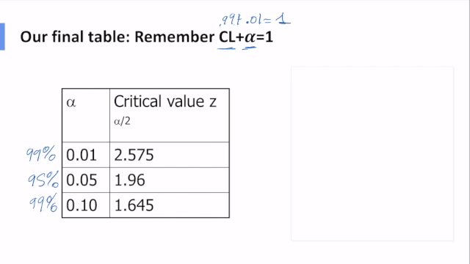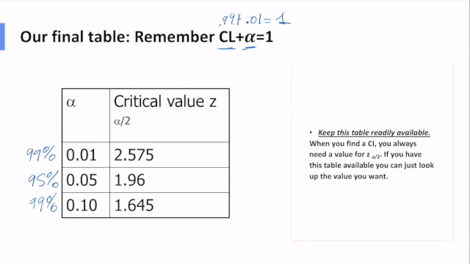These are the critical z-table values associated with alpha divided by 2. So remember to keep this table readily available when you're looking for a confidence interval. I don't know why I wrote that as CL. It should be CI, when we're looking for a confidence interval, okay?